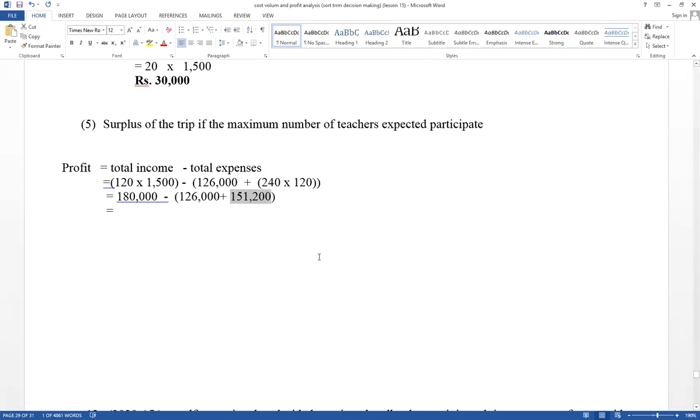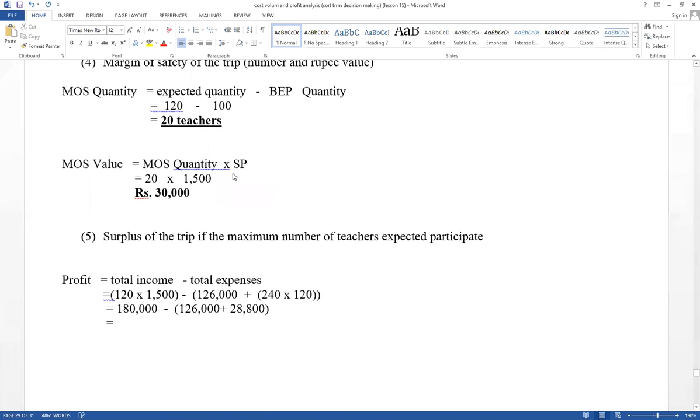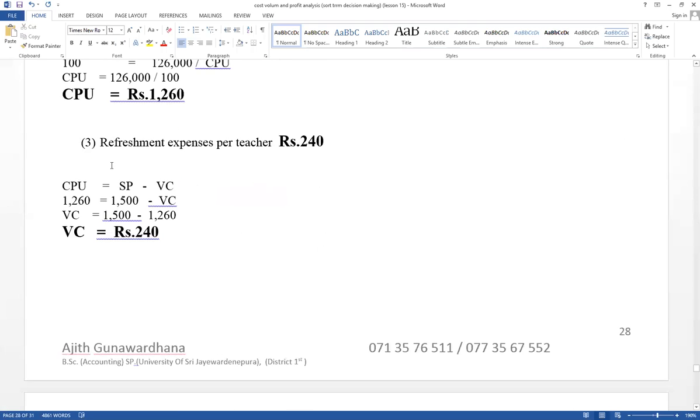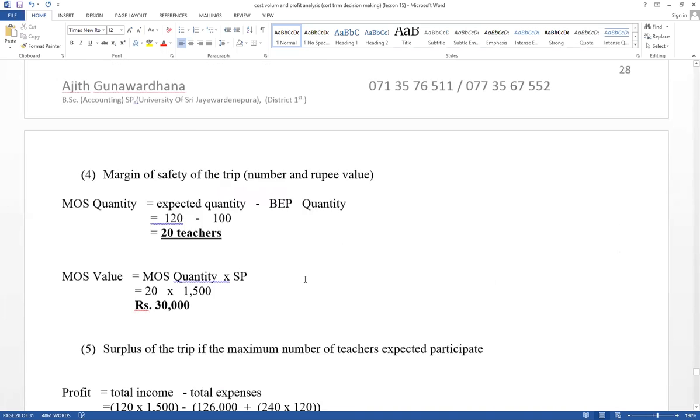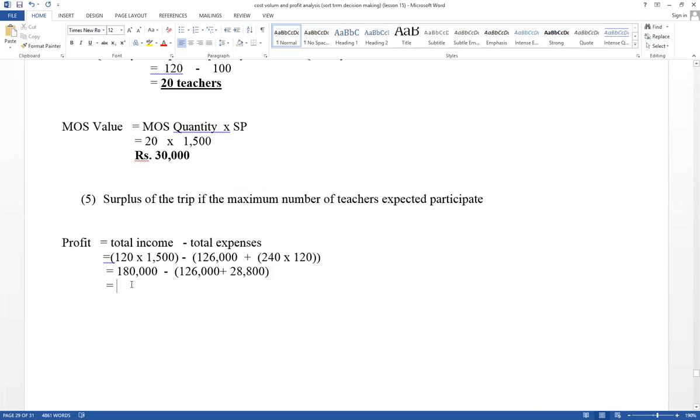Therefore here 240 into 120 equals 28,800. Total expense includes total fixed cost and variable cost. As a variable cost, you have to consider replacement expense into 120. Therefore, variable cost equals 240 into 120. Profit can be calculated by using two equations.